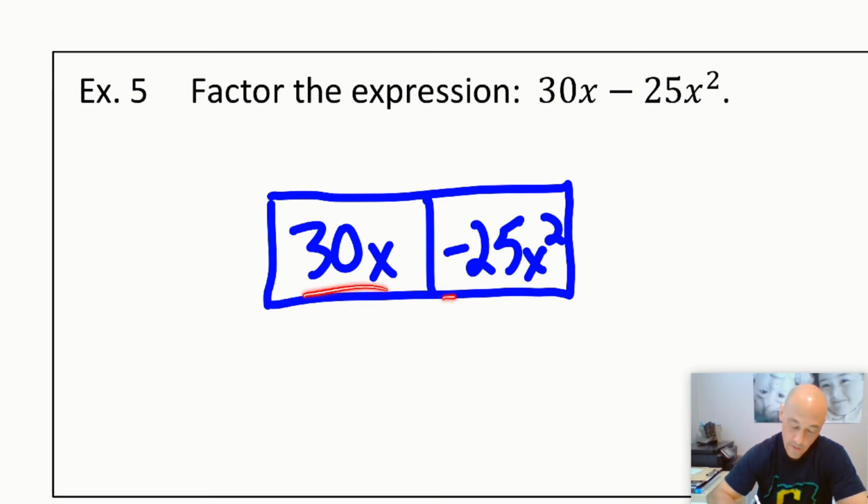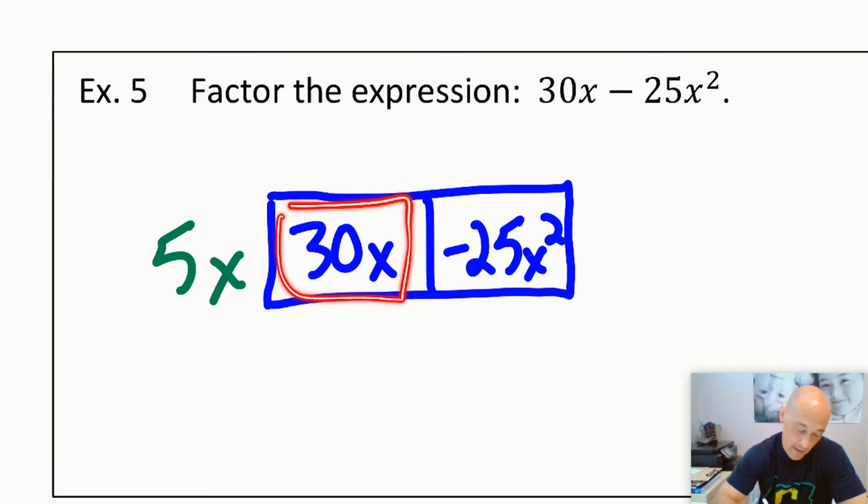So what are these two terms divisible by? Well, they are both divisible by 5. Not only 5, they're also both divisible by x. Okay, so here we're going to do 5x.